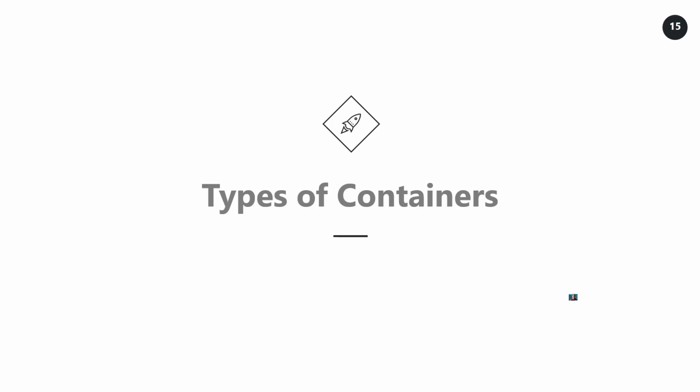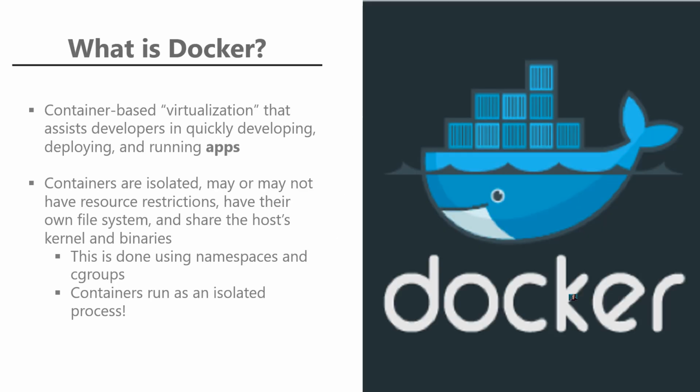Now let's take a look at types of containers. I mean, the different vendors or flavors. We've been talking about Docker, right? We'll have hands-on with Docker. It's very interesting. So what is Docker?